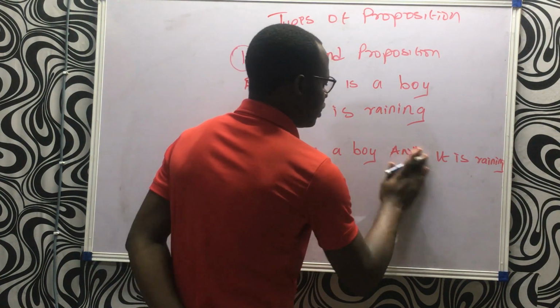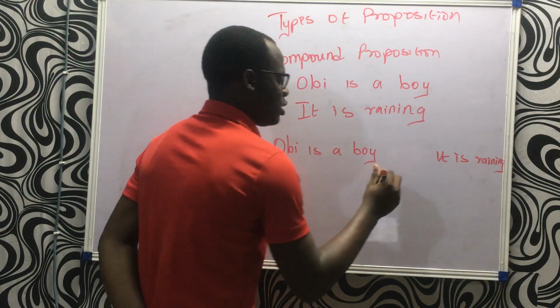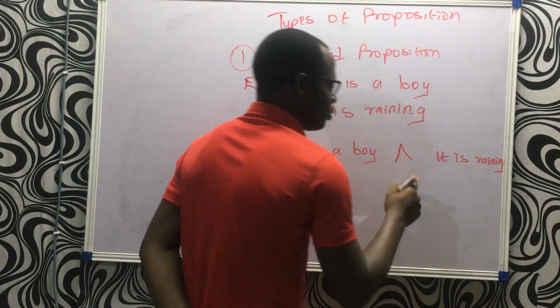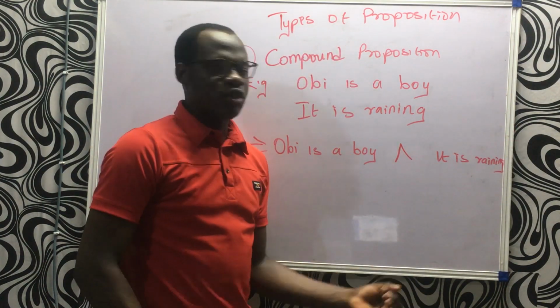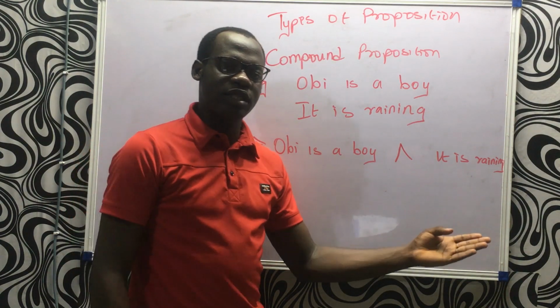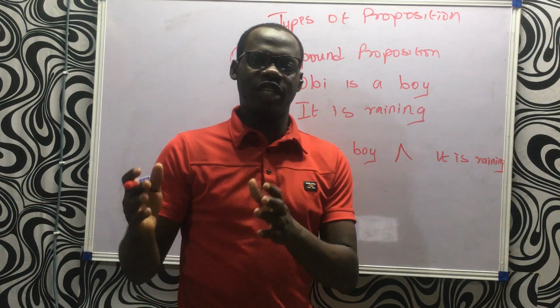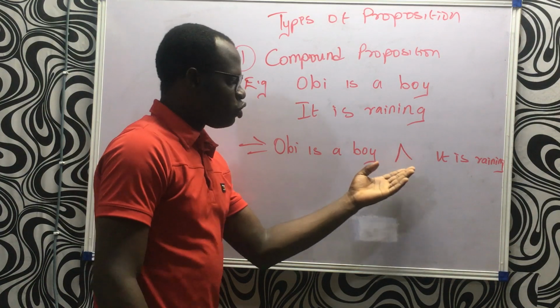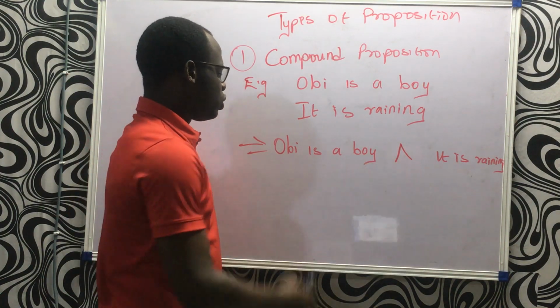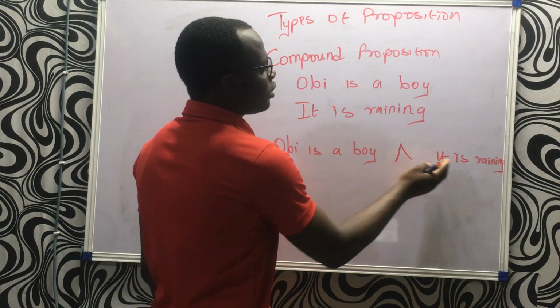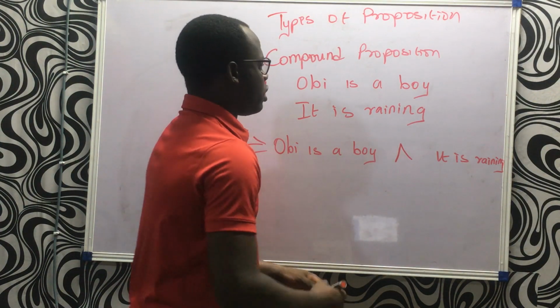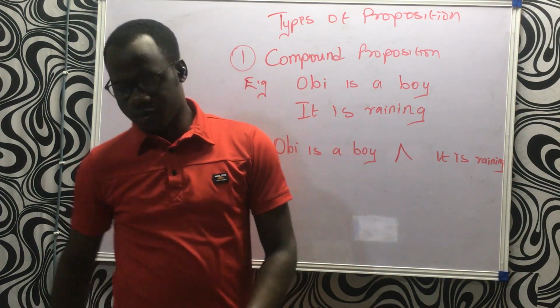So you can say Obi is a boy and it is raining. When representing and writing out the statements, you don't make use of the word and. You make use of the symbol which denotes and.